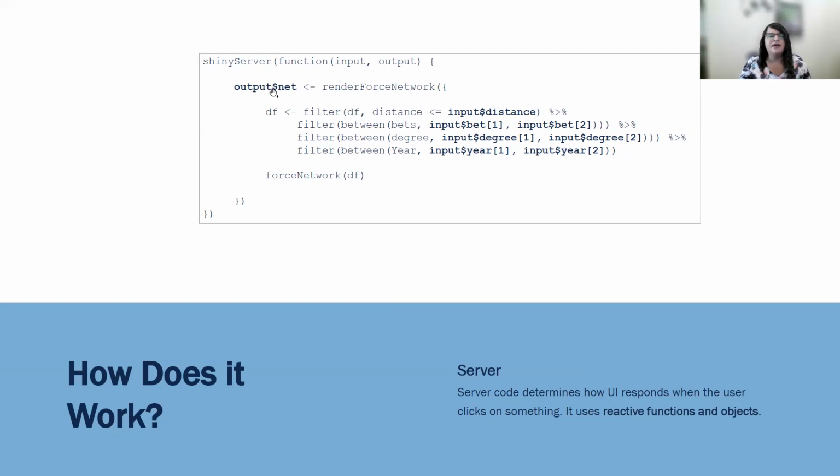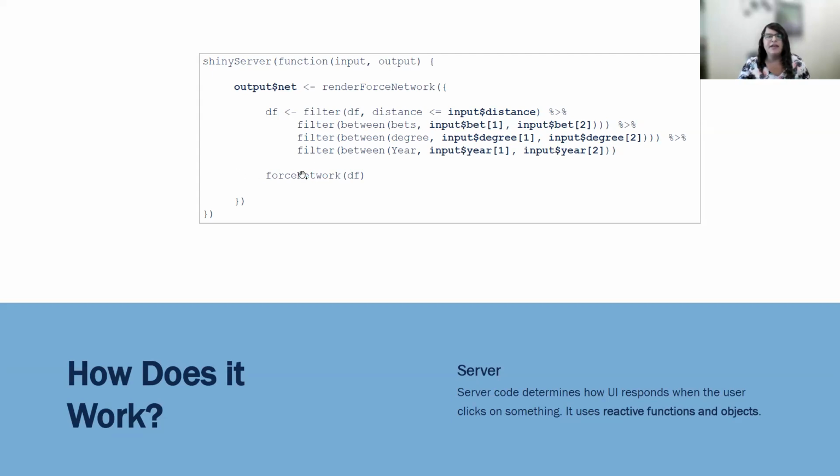Here we have an example data frame, and here we've got an idea of how we would filter this data frame based on the inputs. One of the inputs that we had was year, and that input was a slider. If we remember, that slider had two different parts to it. It had a beginning and an end. So here we're filtering the data between the beginning year and the end year.